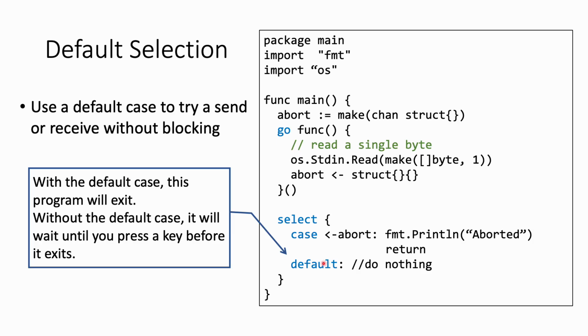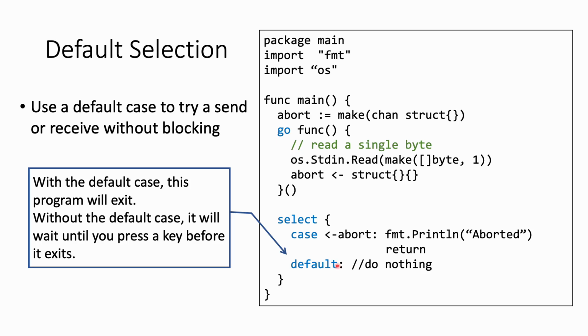With the default case, this program will exit right away because the default case in a select is run if no other case is ready. So when you have not pressed any key, then this case is not ready, so it just automatically executes the default case and exits the program.